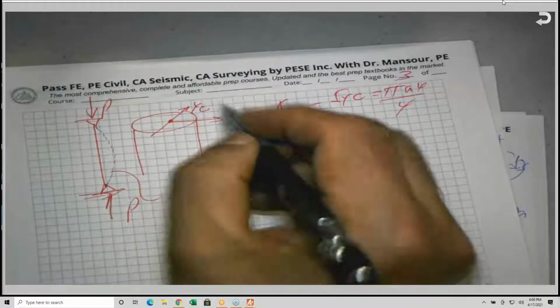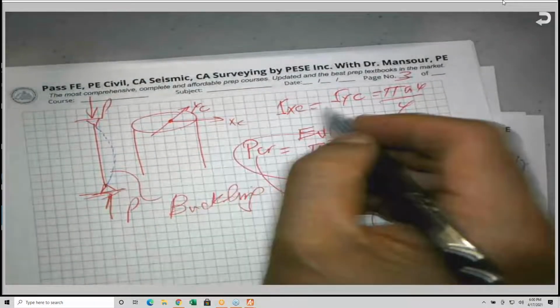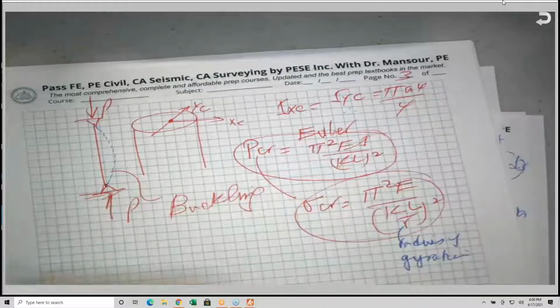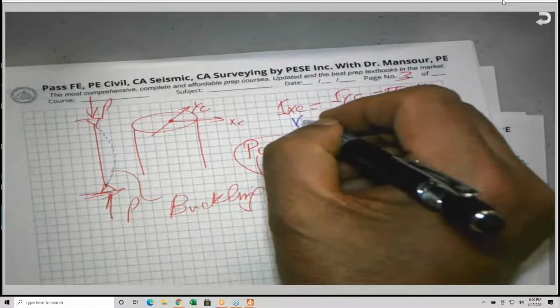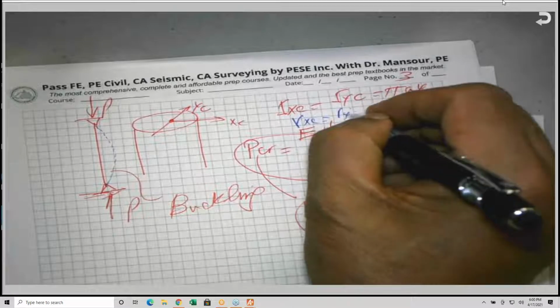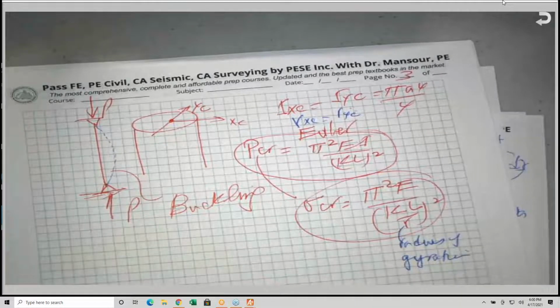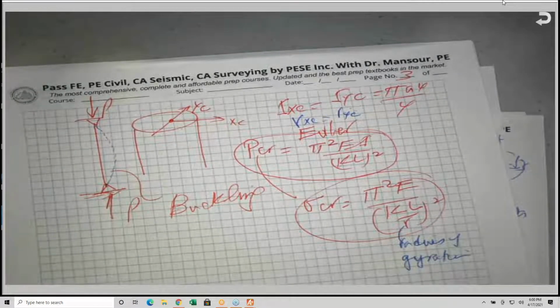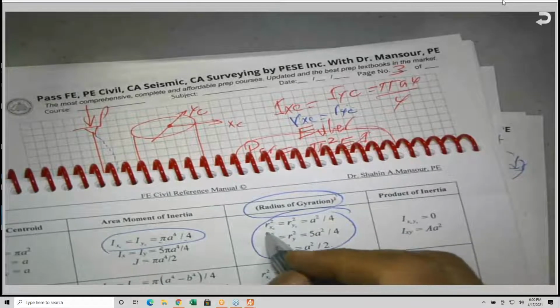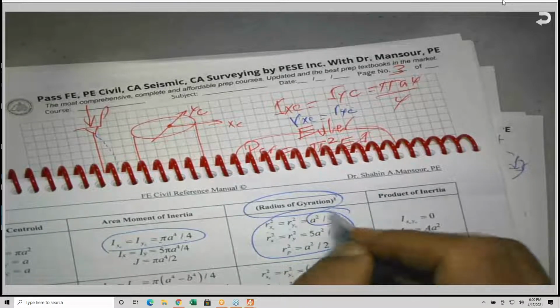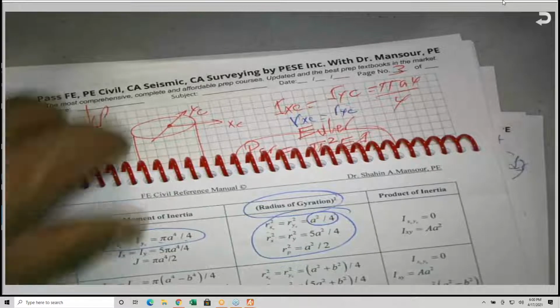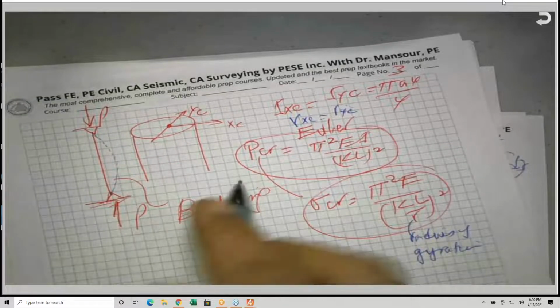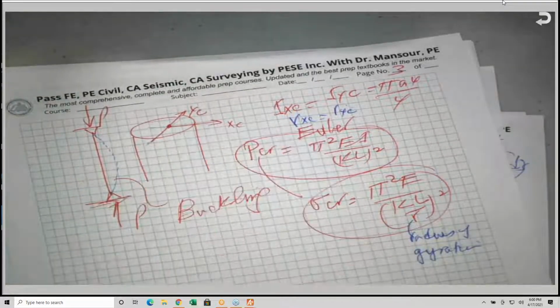So when we design circular columns, IXC is equal to IYC, and also RXC is equal to RYC. The radii of gyration are essentially the same, R being the square root of a squared over 4. So the probability of buckling about the x-axis or the y-axis is the same.